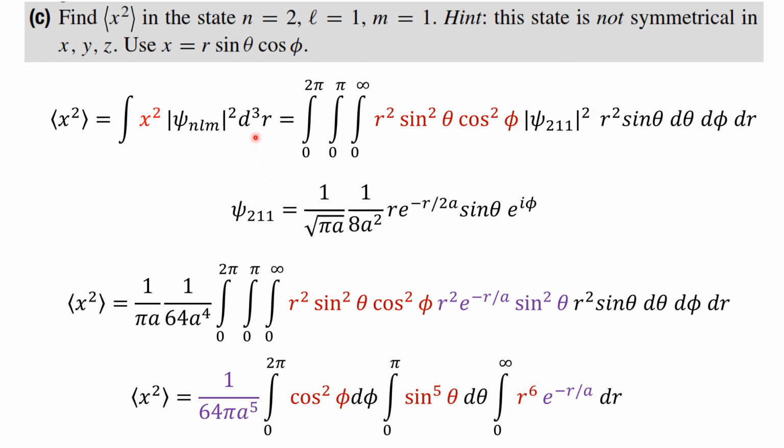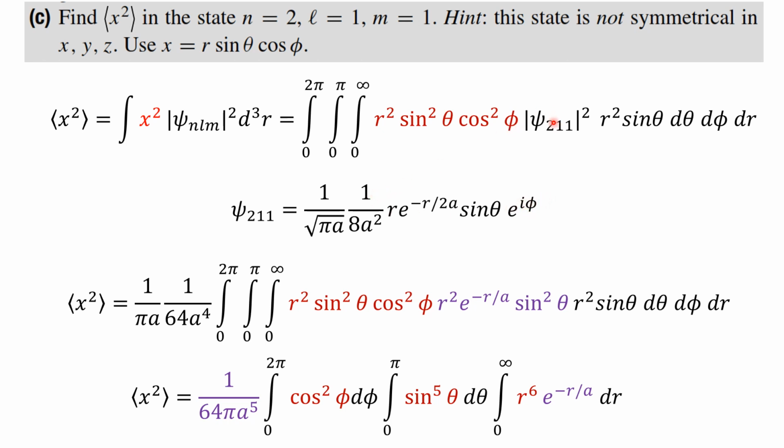Then this d³r can be written as r squared sine theta dθ dφ dr. Now the wave function for psi 211 is equal to 1 over square root of pi a, and 1 over 8 a squared r e power minus r over 2a sine theta e power i phi.